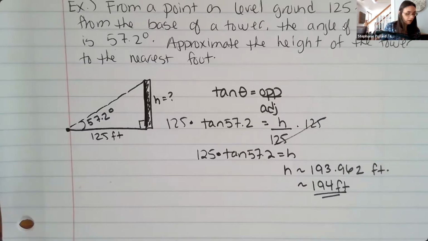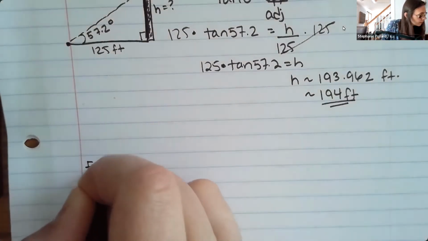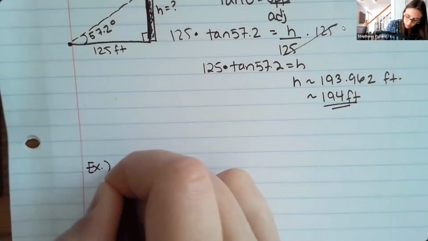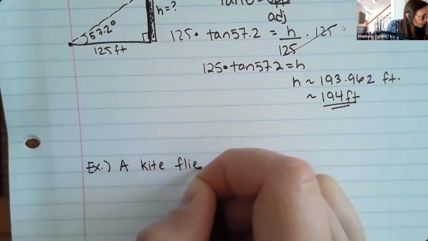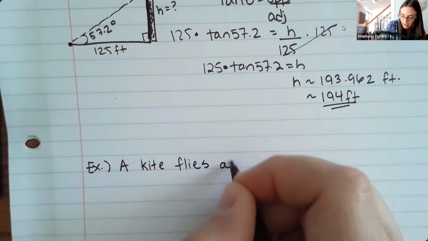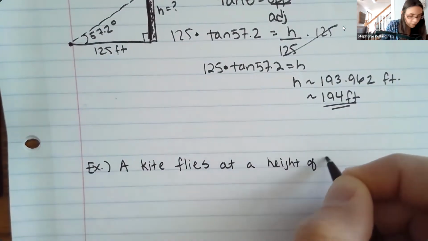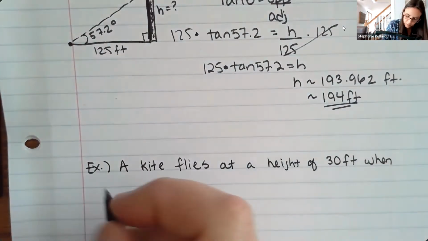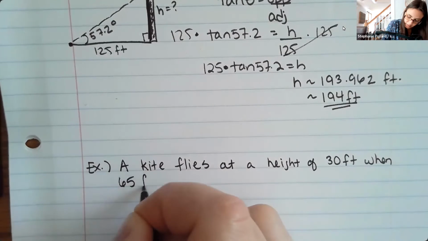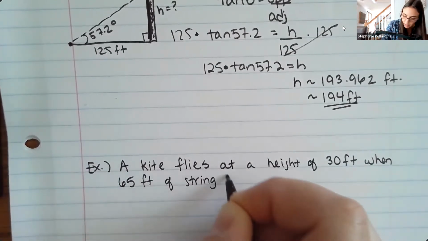All right, and let's do another example. A kite flies at a height of 30 feet when 65 feet of string is out.